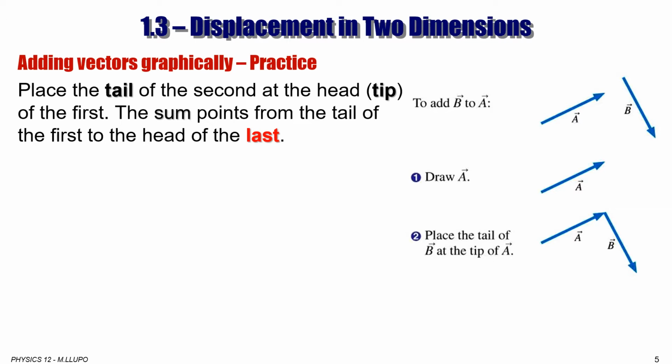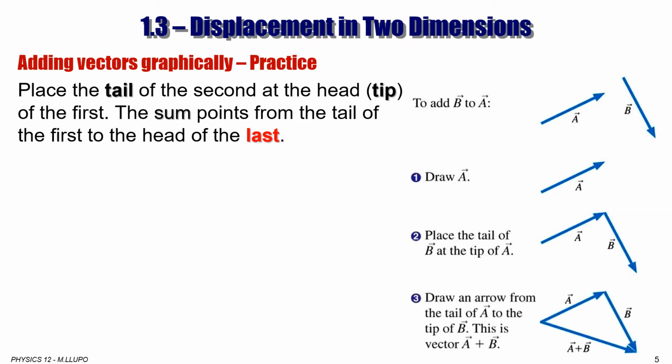And then you can join the tail of vector 1 toward the tip of vector 2. And that will always be correct if you follow that rule.